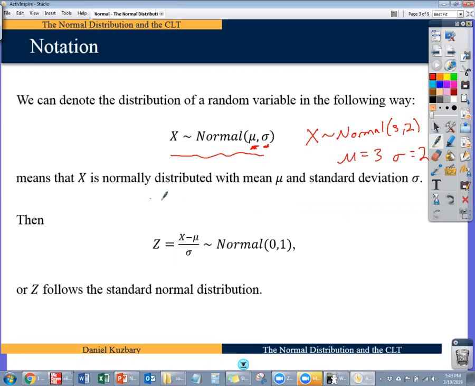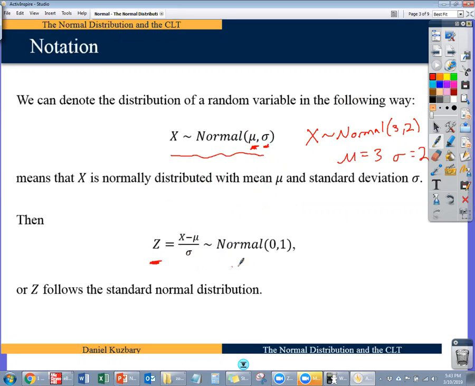Based on that, this is a nice little result. If you have a normally distributed random variable with the mean mu and standard deviation sigma, and you subtract the mean and divide by the standard deviation, you get this guy, which we've already met. His name is Z. He comes from taking something normally distributed, subtracting the mean, and dividing by the standard deviation.